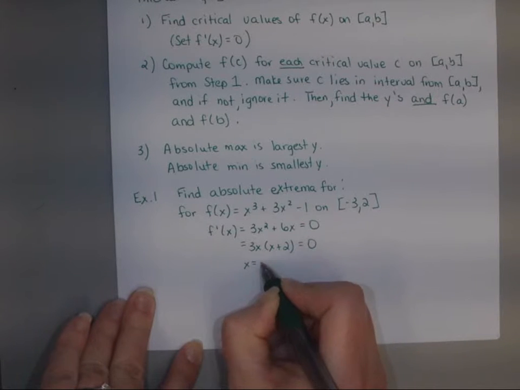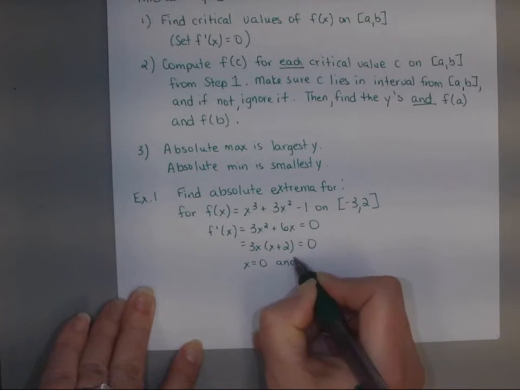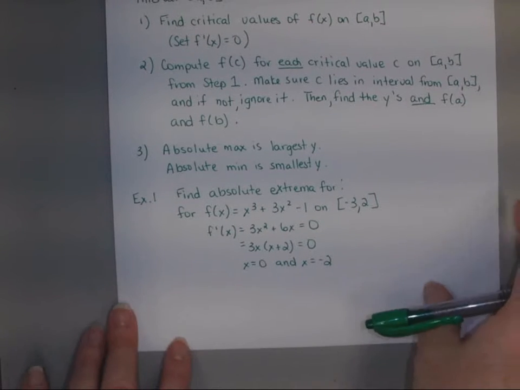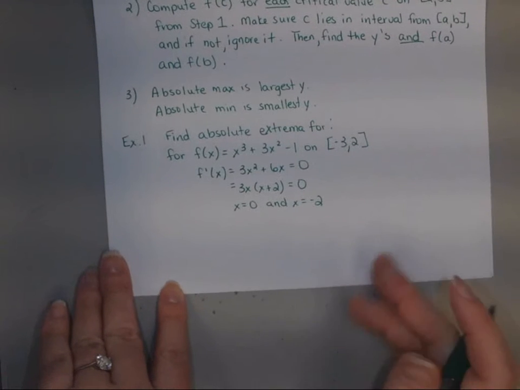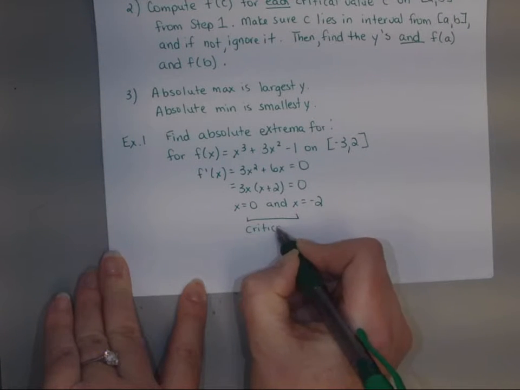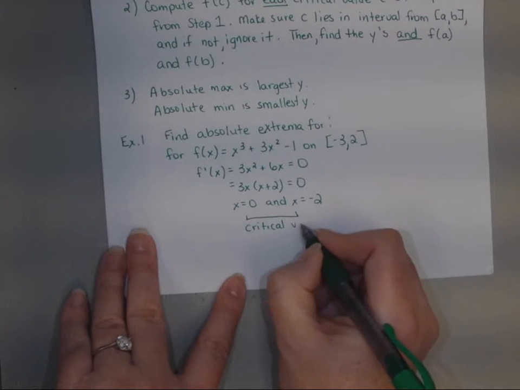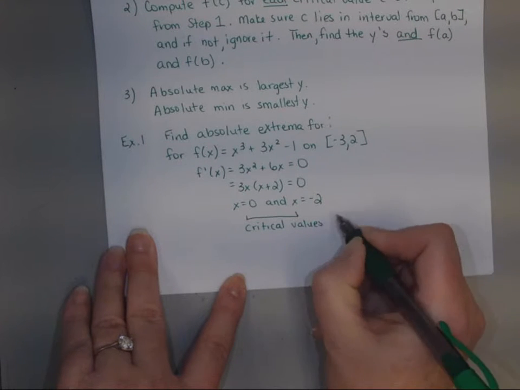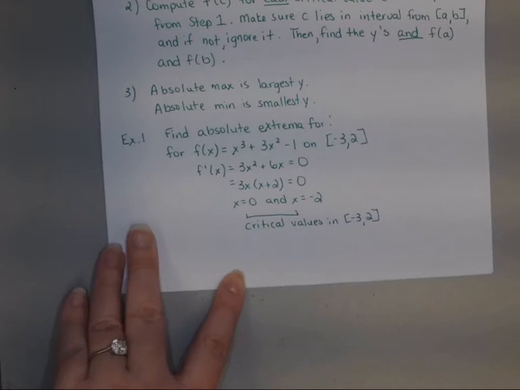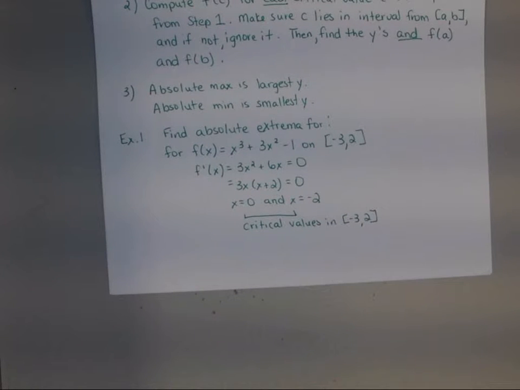So we end up getting two critical values, but you need to carefully make sure that those critical values are in the window that we're being asked about. Is 0 in between those two numbers we were given? Yes. Is -2 in between those values we were given? Yes. Okay. So these are critical values in our interval, so we are good to check them basically.